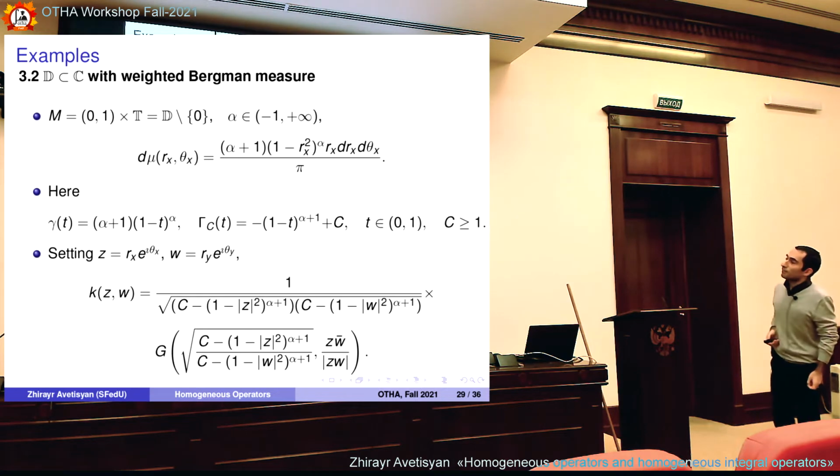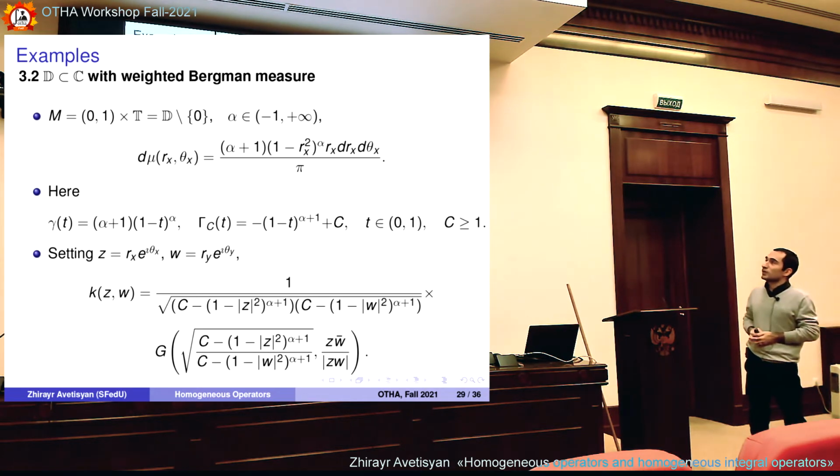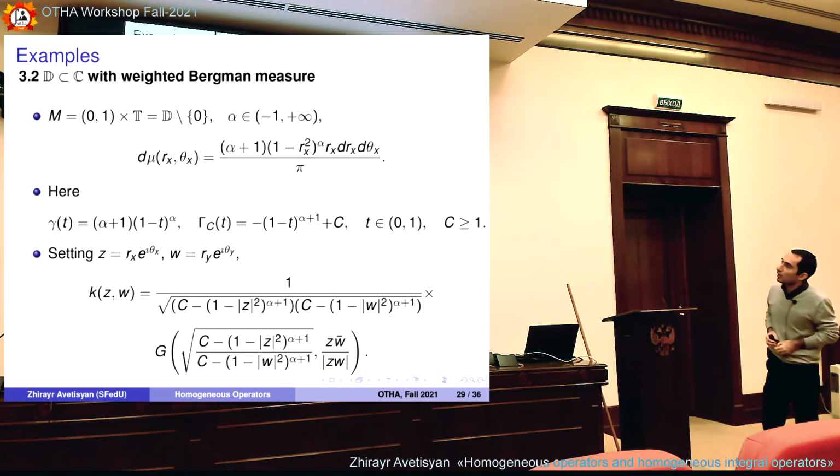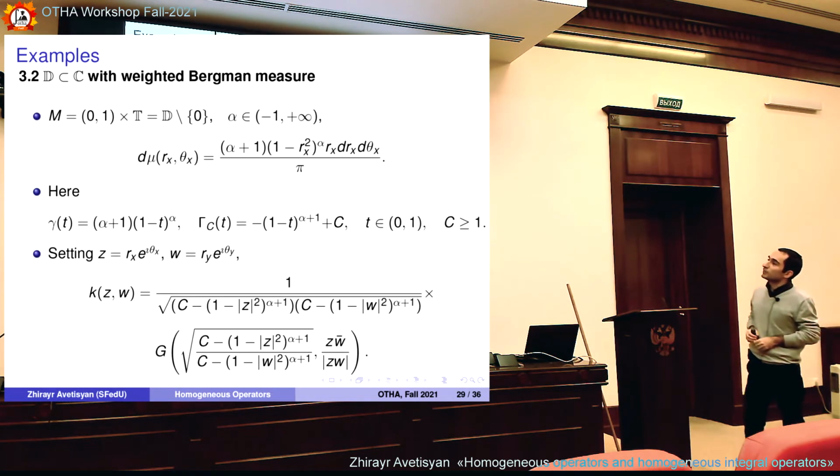Another case of this category is the so-called, again, relatively newly introduced weighted Bergman measures. So you have a parameter alpha from -1 to +infinity, and you have a measure of this form, which is a certain constant times (1 minus r squared) to the alpha times Lebesgue, right, on the unit disk.